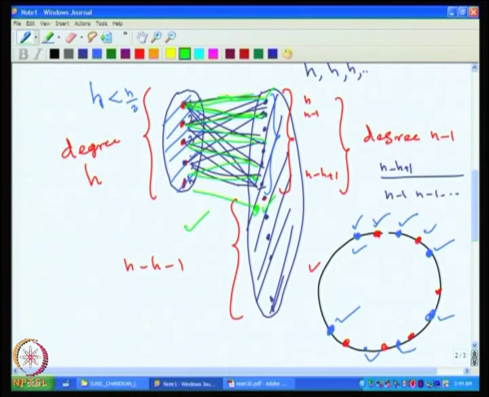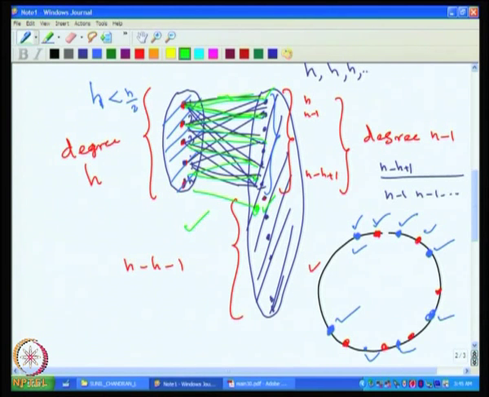So, we have shown that if the Chvatal condition is violated, whichever is the sequence, even for some a_i, a_h with i less than or equal to h, the corresponding a_{n-h} is not greater than or equal to n minus h.